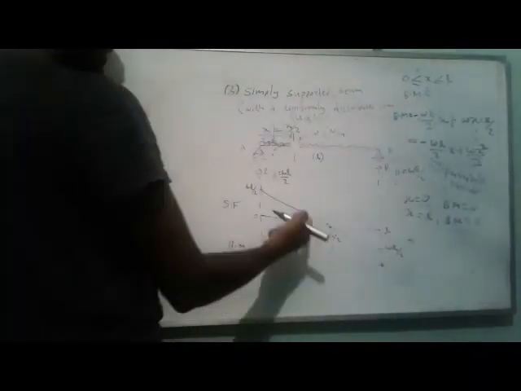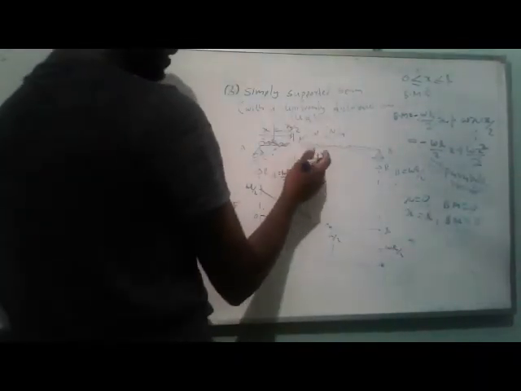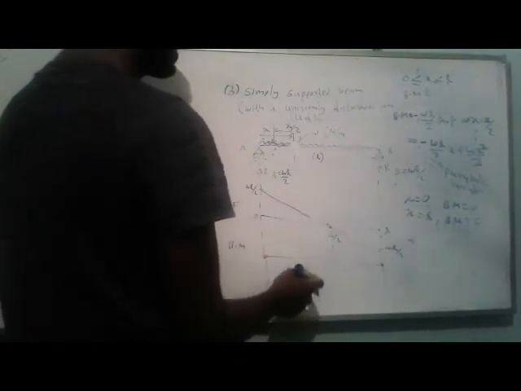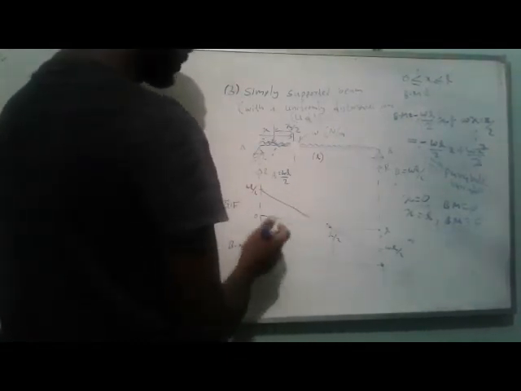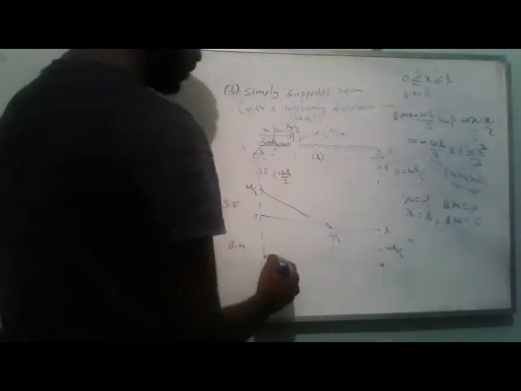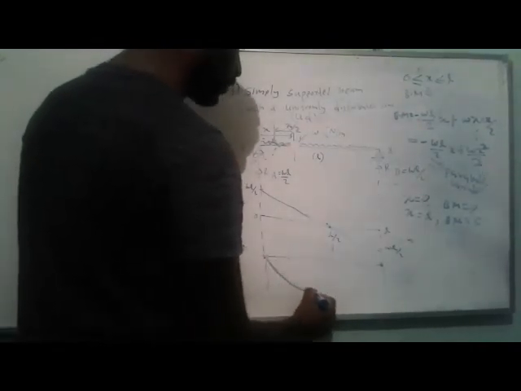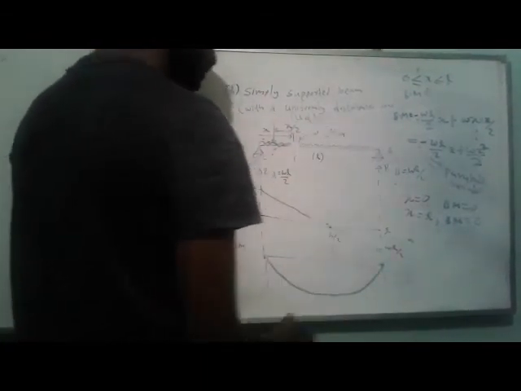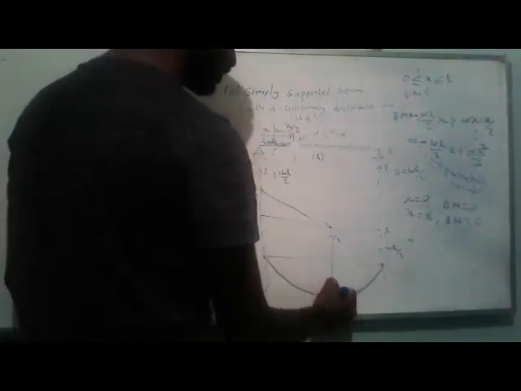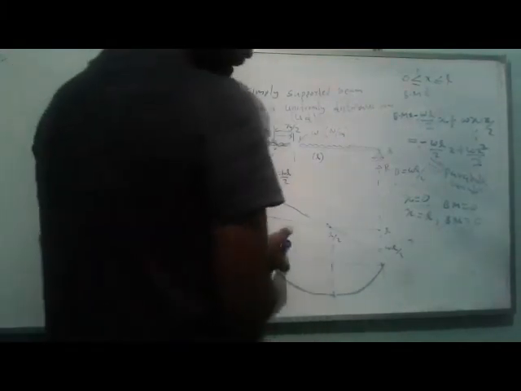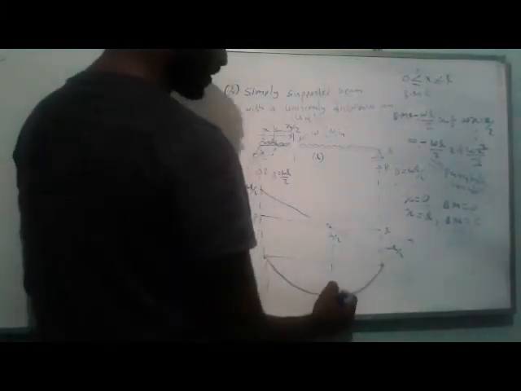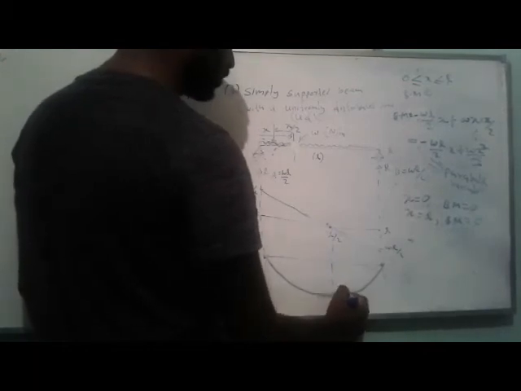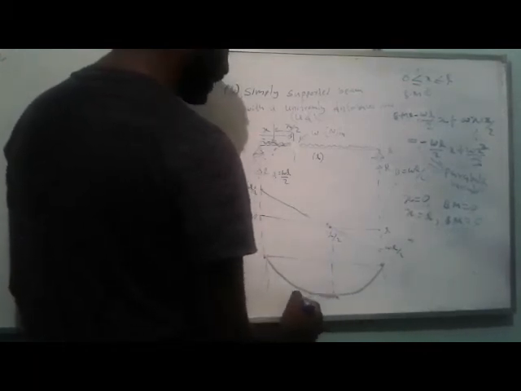I earlier said that this loading system is symmetrical. Therefore, the bending moment diagram is also symmetrical. So due to this symmetry, you can draw this diagram like this, considering symmetry and the parabolic variation. Here, this is the maximum value of the bending moment.